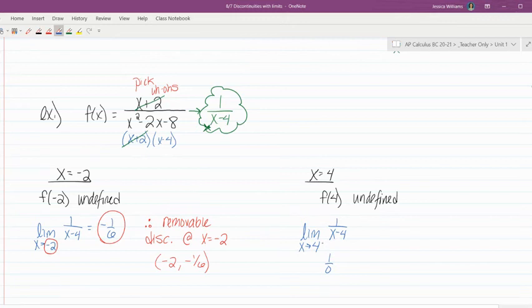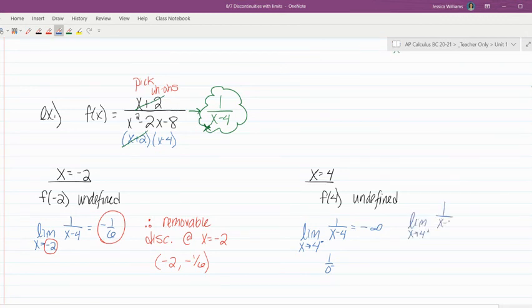It's real easy. I'm not erasing. Let me do left real fast. Left of 4 is a number that's a little bit less than 4. A number a little bit less than 4 minus an actual 4 is going to give me a negative 0. So a positive divided by a negative is negative infinity. I'll do the same thing on the other side of 4.